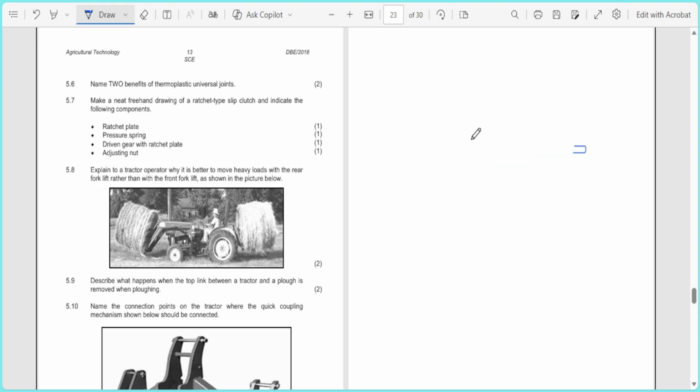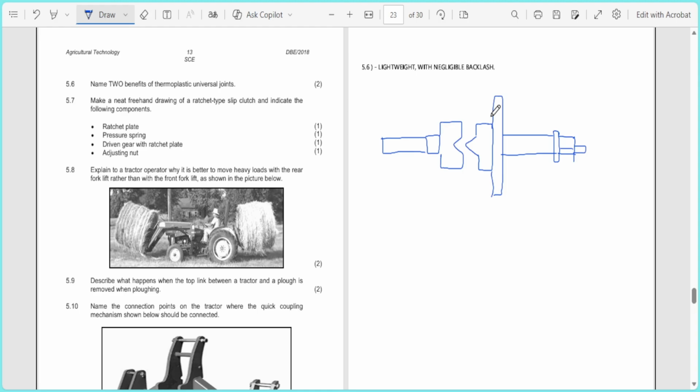Then you have the driven gear with ratchet plate, it's this part here, and the pressure spring goes here with the adjusting nut, and then the ratchet plate somewhere here. You need to label all four components so that you get your full 4 marks.